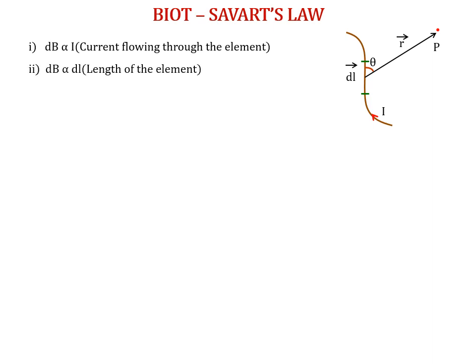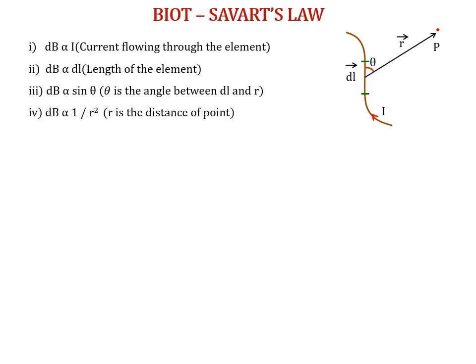It is proportional to sine of the angle theta between dl and r. Magnetic field obeys inverse square law. That is, field is inversely proportional to square of distance. So, magnetic field depends upon current, length of the current element, the angle theta and the distance of the point from the current element.